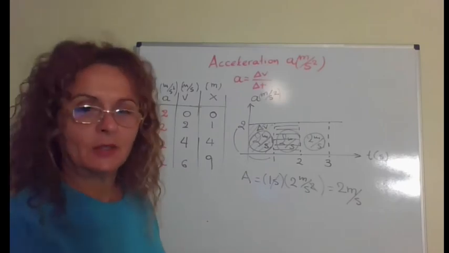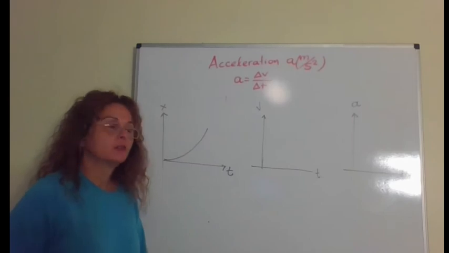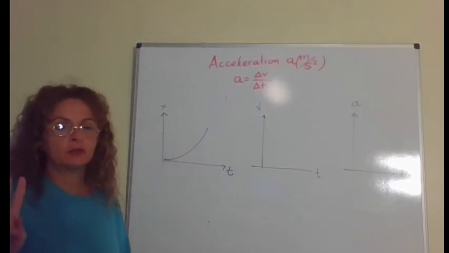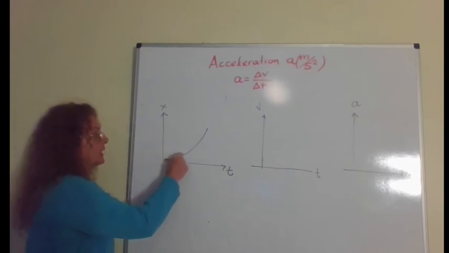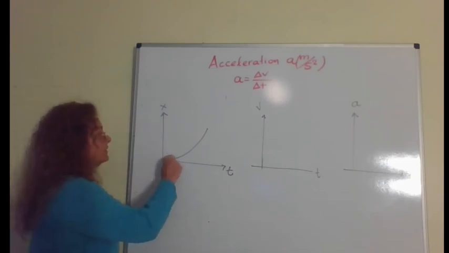So let's do a review. A position time graph can give us three kinds of information. It can give us the position at every second, at every instant.